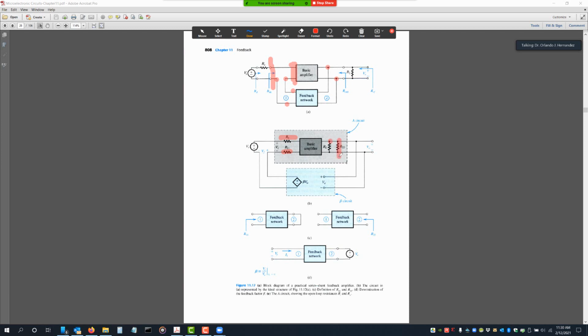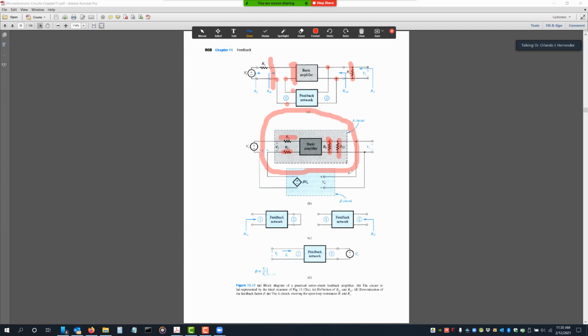Well, this one, but the load, if you have a load like you have over here, that can be absorbed into what you would call the A circuit. So that becomes the A circuit. Okay?